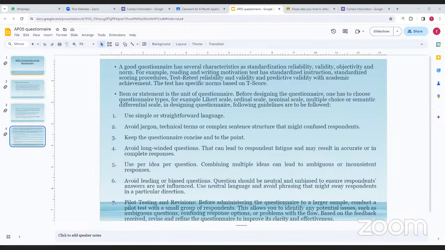And if you find there is a high correlation between my questionnaire and your questionnaire, then you can tell that the concurrent validity is high. Because my questionnaire is already standardized and you are developing the questionnaire.